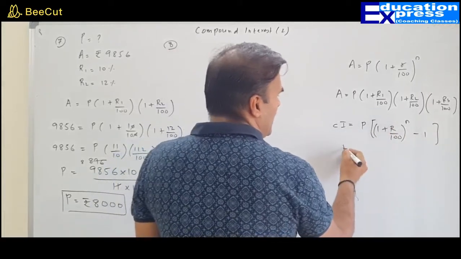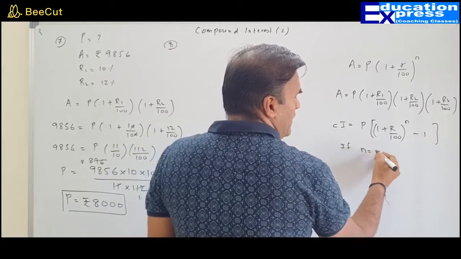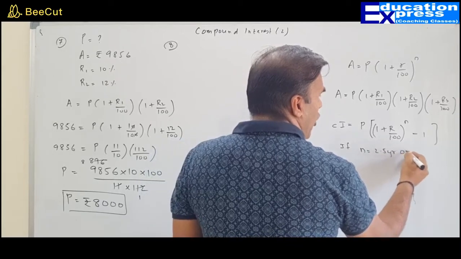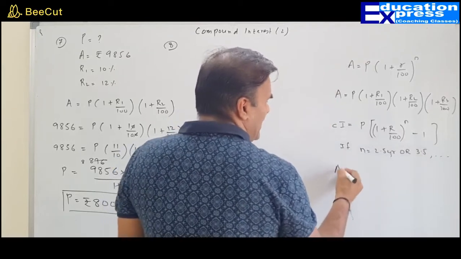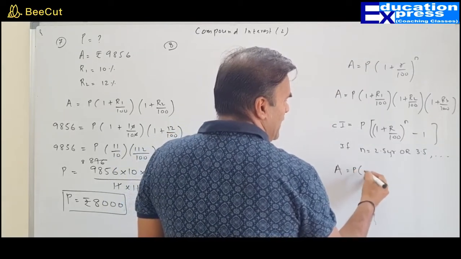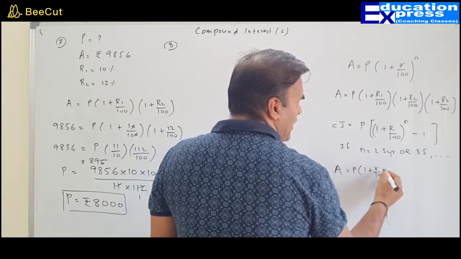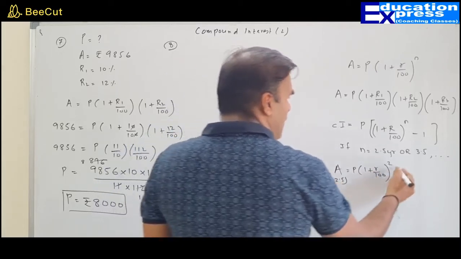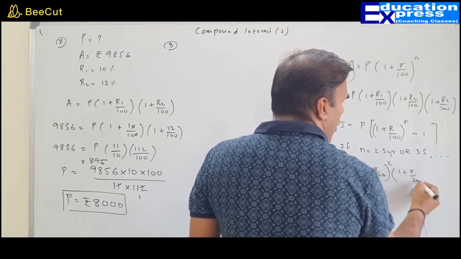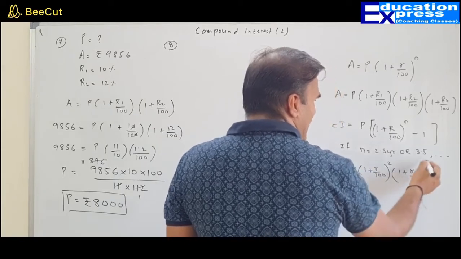And lastly, if the number of years is 2.5 years or maybe 3.5 years and so on, we can say that A equals P into 1 plus R upon 100 raised to 2. This is for 2.5 years. And then 1 plus R upon 200 raised to 1.